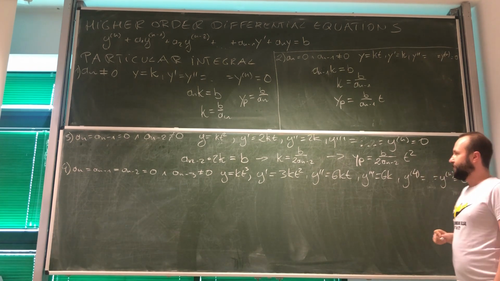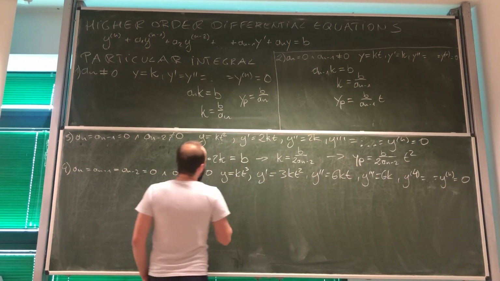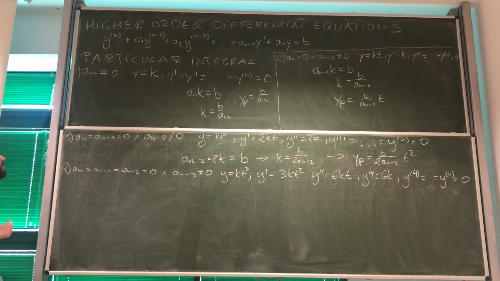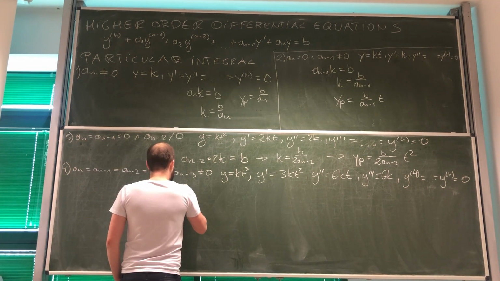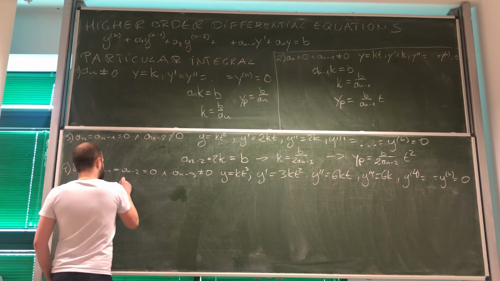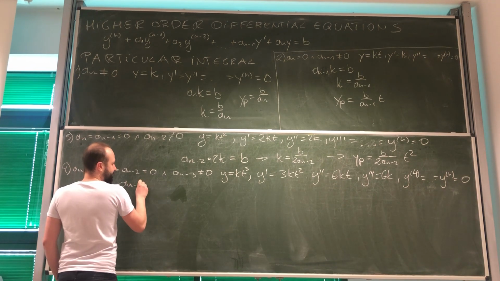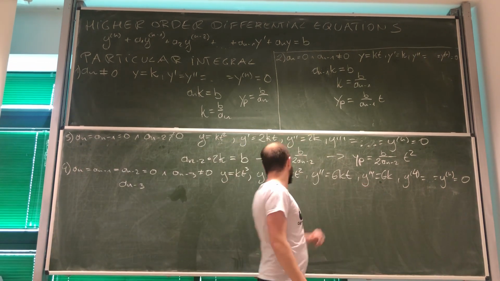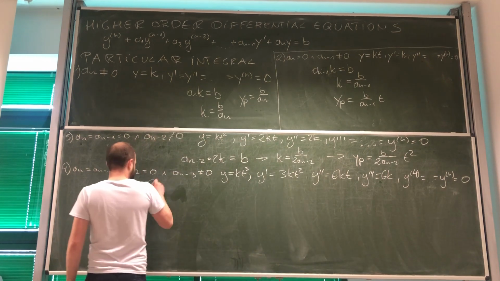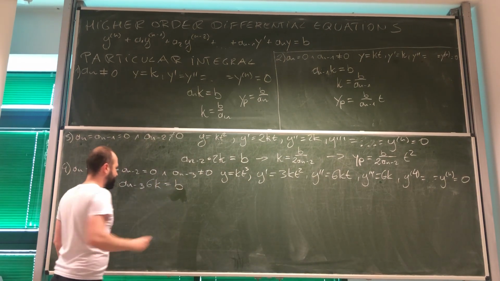Again, we are just going to end up with one component. This component is going to look like a_(n-3) times 6k equals b.